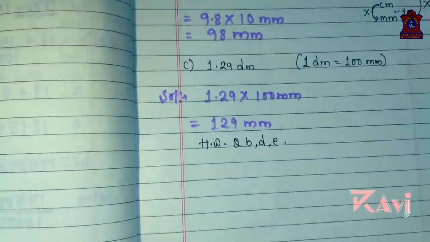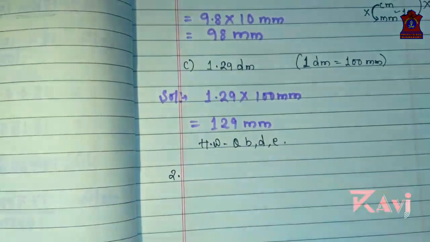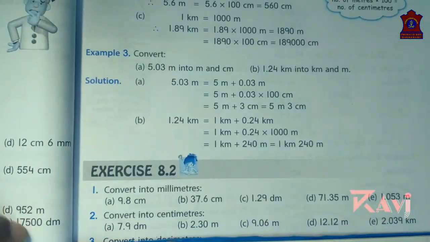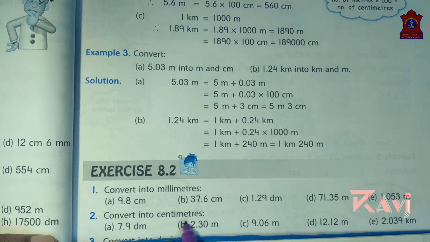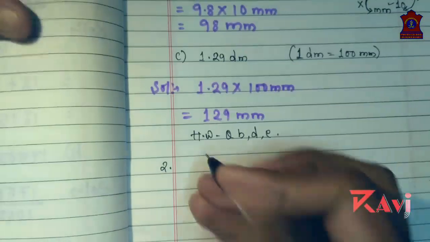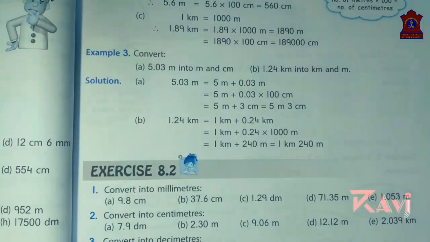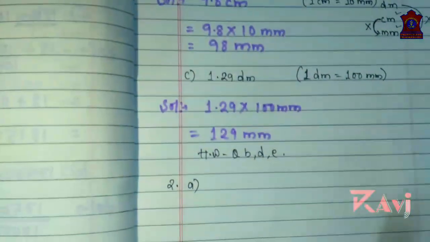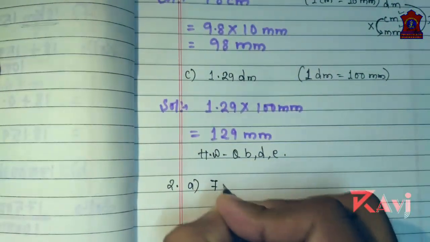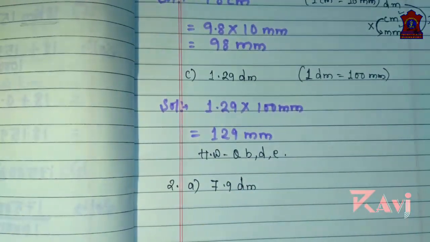Okay, now let's do question number 2. What is given in question number 2? Convert into centimeters. Now what is the question? A is 7.9 decimeter, and the question is asking you to convert into centimeter.